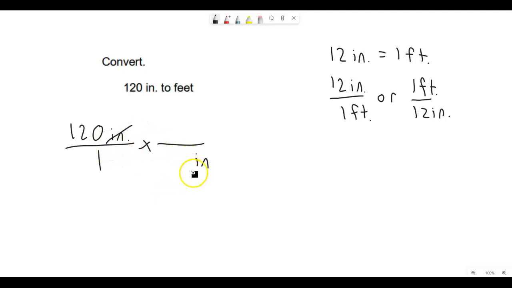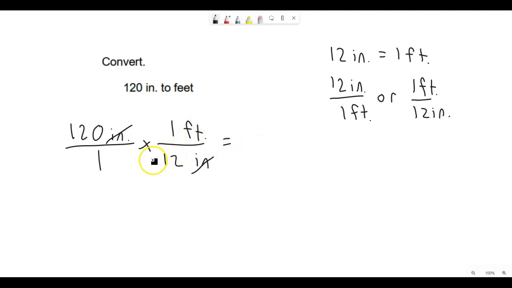Which of these has the inches on the bottom? That is the second one here. So we're going to have the 12 on the bottom and the 1 foot on the top. Now notice that I want my final answer in feet, and these are not canceled out, so I will have that unit in my final answer.